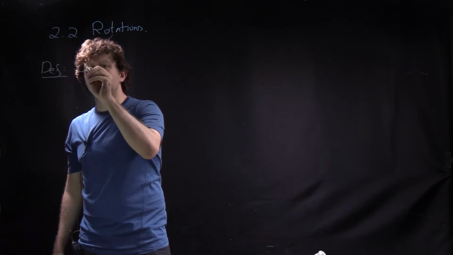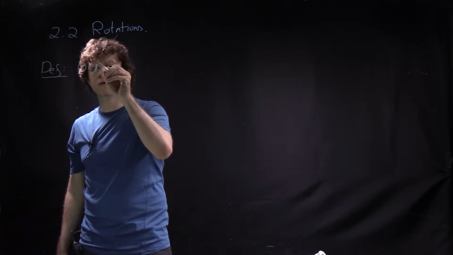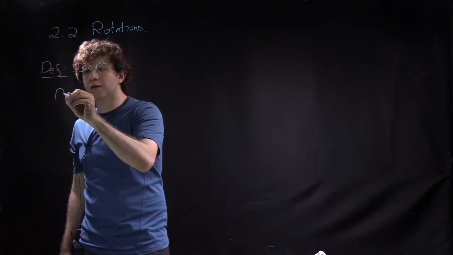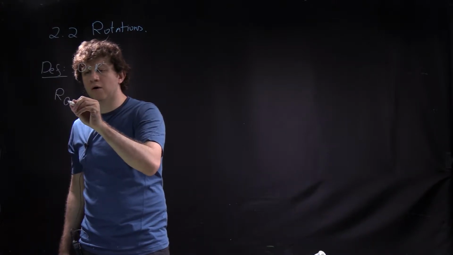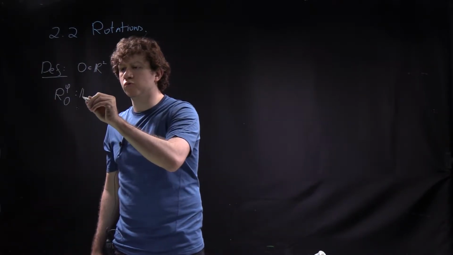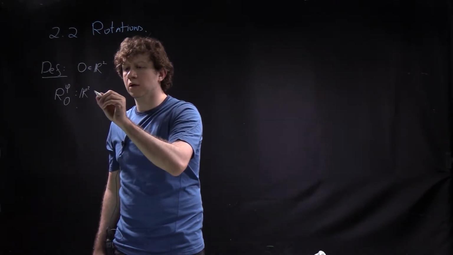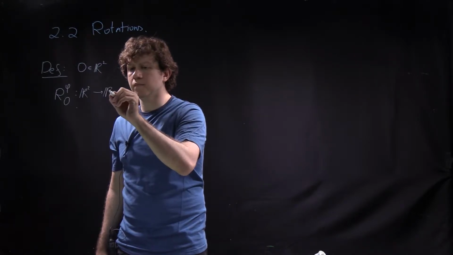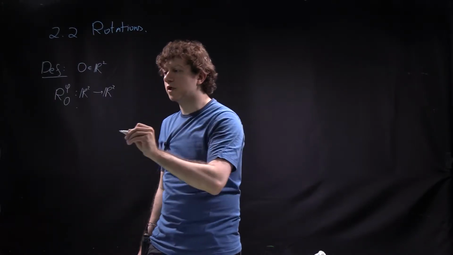You take a point O inside R2, and then the rotation around the center O by angle phi is a map from R2 to R2, defined in the following way.